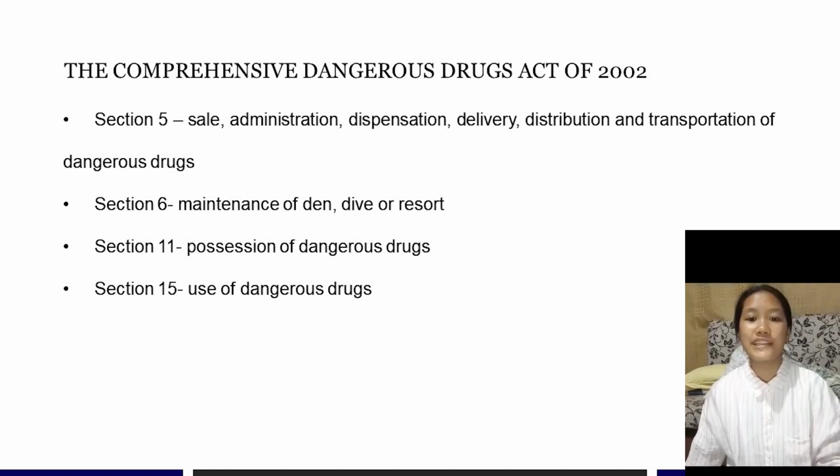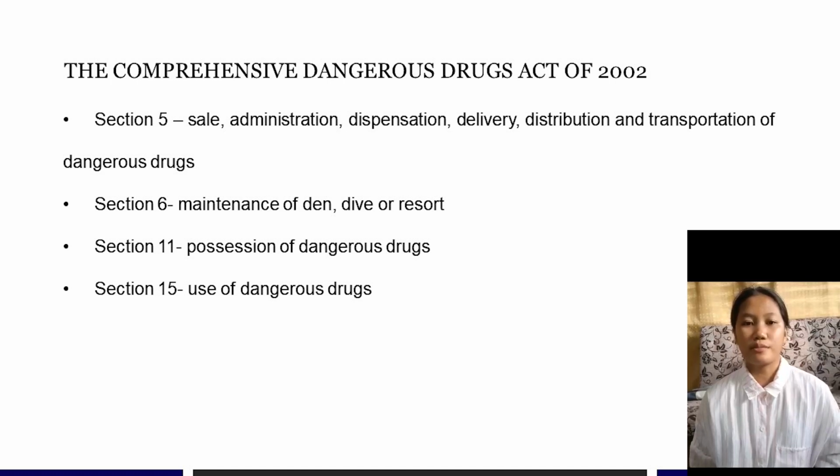If the sale, trading, administration, dispensation, delivery, distribution, or transportation of any dangerous drug and/or controlled precursor and essential chemical transpires within 100 meters from the school, the maximum penalty shall be imposed in every case.